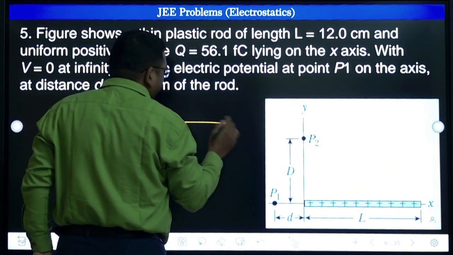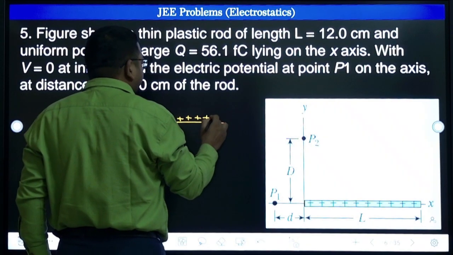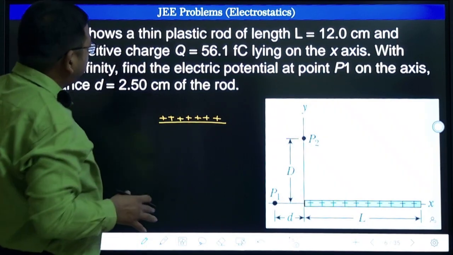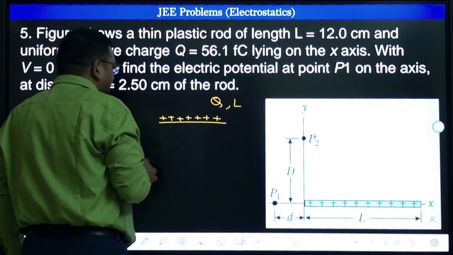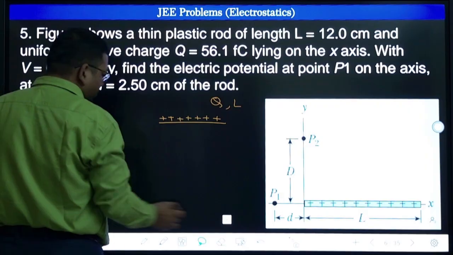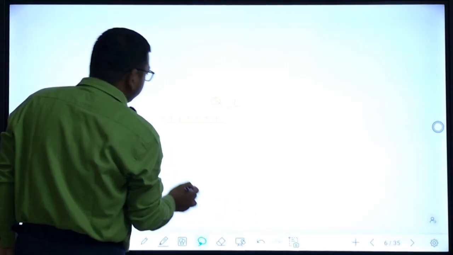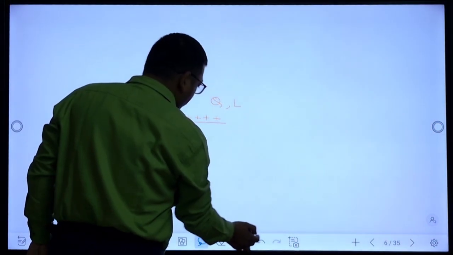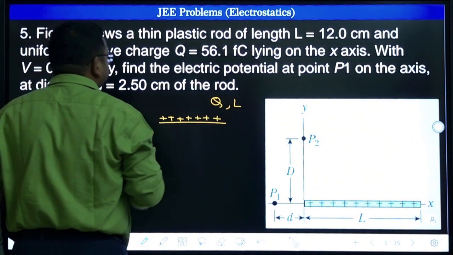Suppose that this is the rod, like in this case here. Some charge q is distributed, and the length is l, and you want to find the potential at this point along the axis.